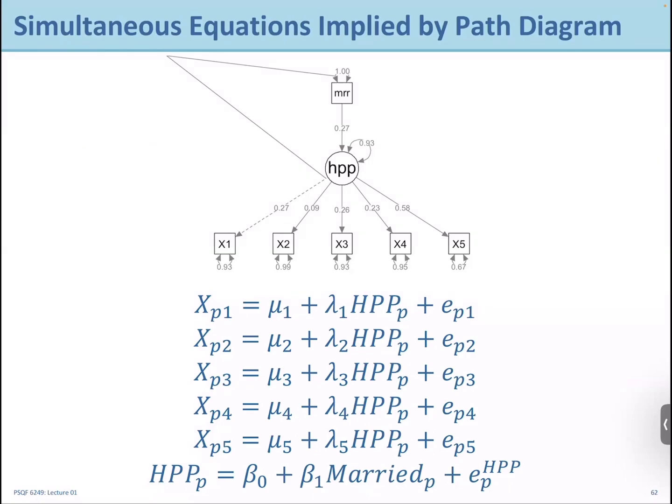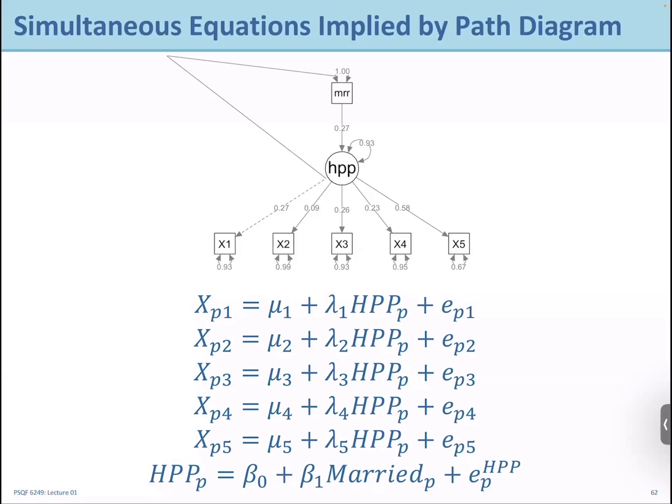But if you were to think about what this model is implying, it's 6 different regressions all at once, right? There are 5 outcomes, and they're all predicted by happiness: intercept, slope, residual. And then happiness is being predicted by marital status, and again, that's a dummy-coded variable.